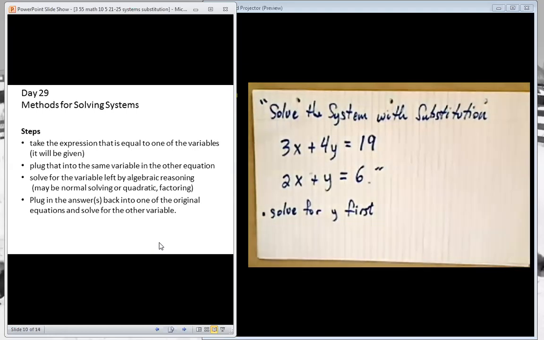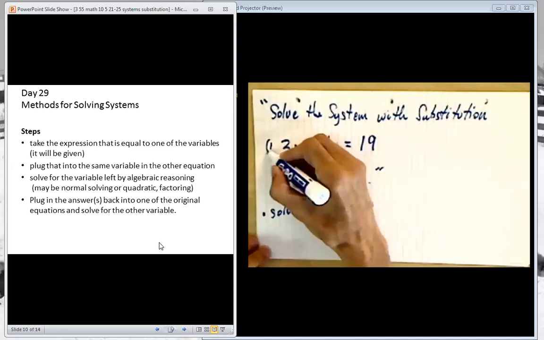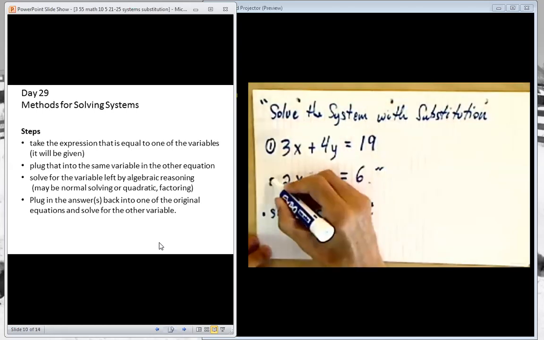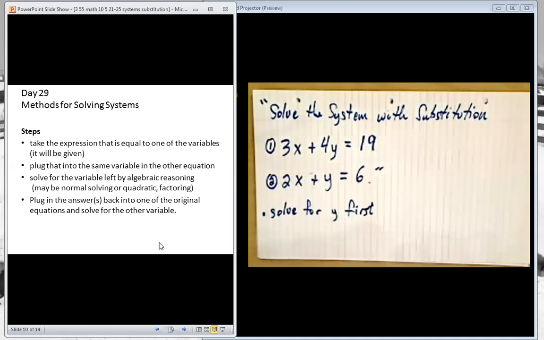So which equation, number 1 or number 2, is going to be the easiest one to solve for y? Which equation is the easiest one to get y by itself? Absolutely, the second one. Because what do you have to do to get y by itself?